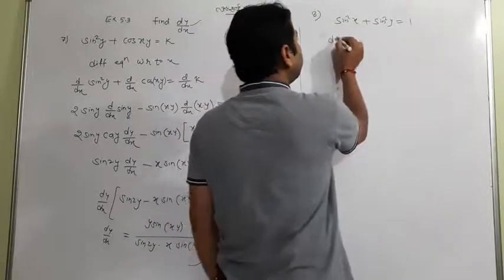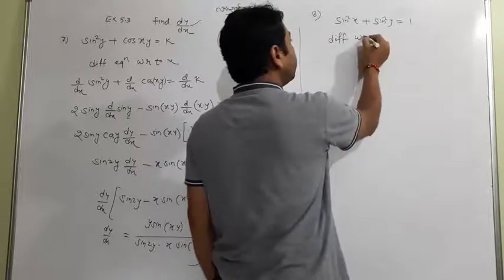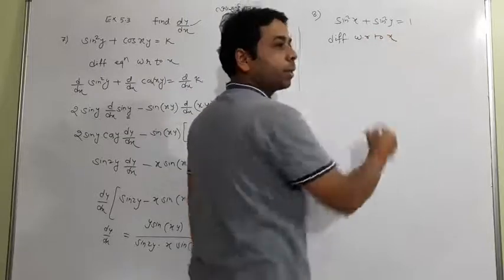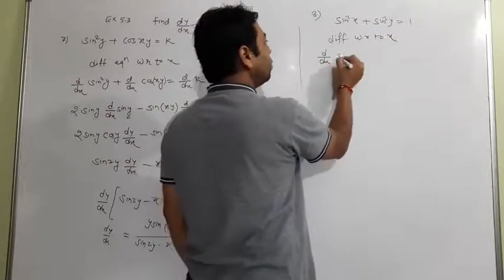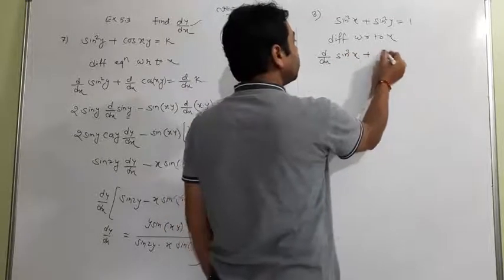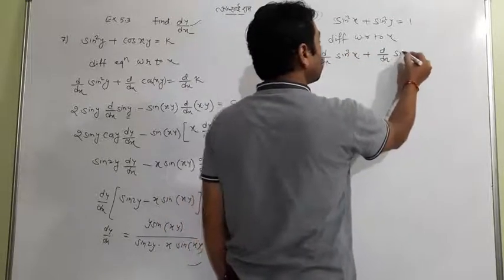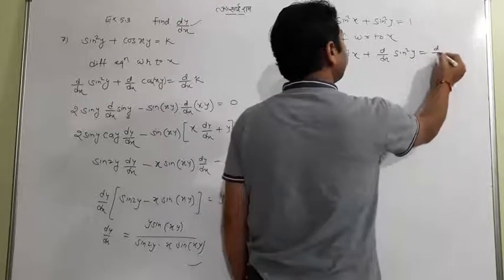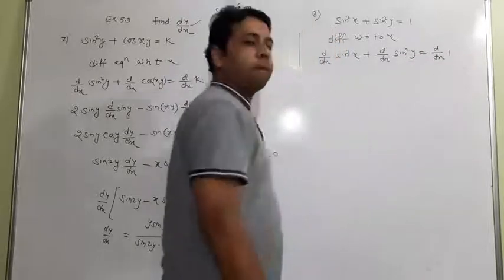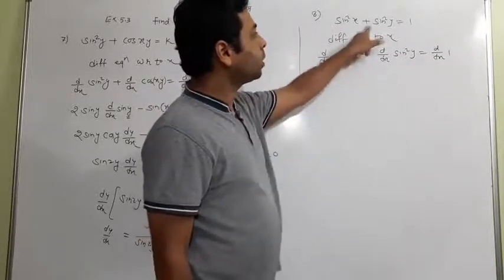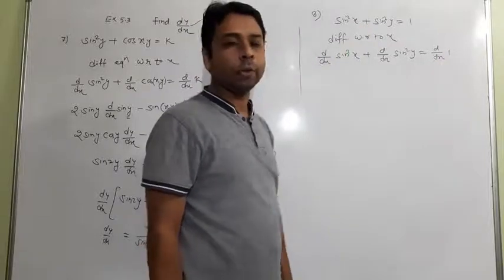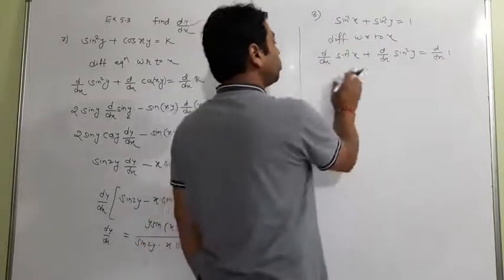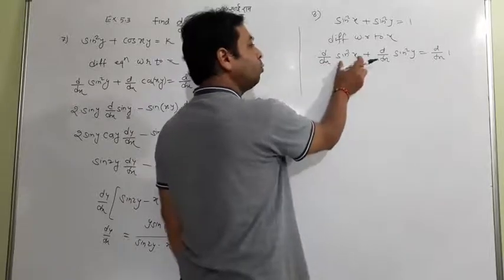So how to differentiate? We will differentiate with respect to x, and then d by dx of sin square x, d by dx of sin square y, d by dx of 1. How can I write it like this? Because it is a plus sign, we can separate it. Like d by dx of the first, d by dx of sin square x.